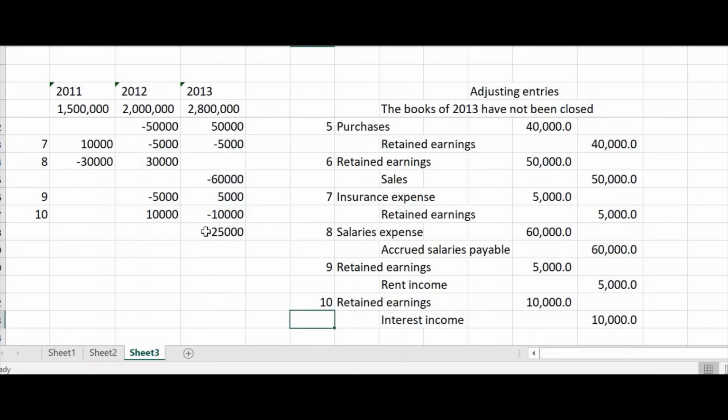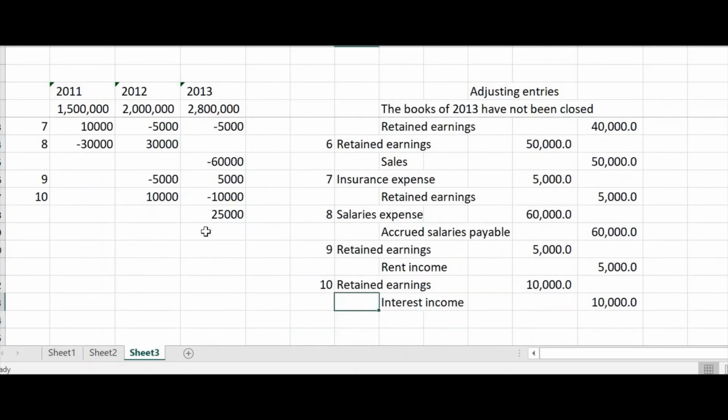Okay, so since open pa yung 2013, pwede po siya i-adjust sa nominal account, no? So you'll debit interest receivable, credit ka ng interest income. Recognize the interest income. For how much? For 25,000.